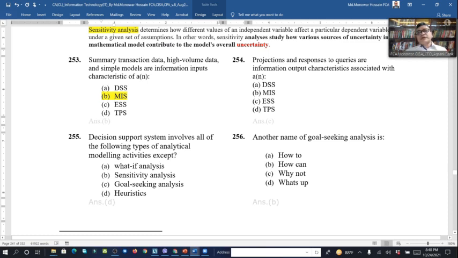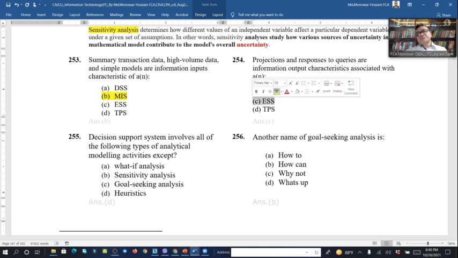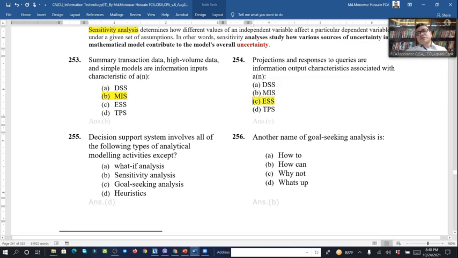Projection and response to queries are information output characteristics associated with the executive support system, ESS.